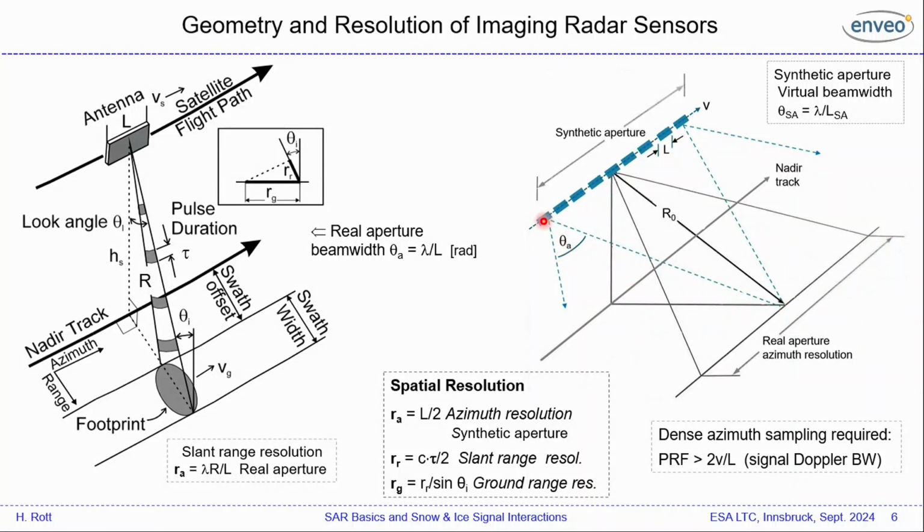And this means the longer, the broader the antenna aperture, the longer we can see a point on the surface. And the virtual antenna length is actually given by the time or the distance as long as we see the point on the surface.